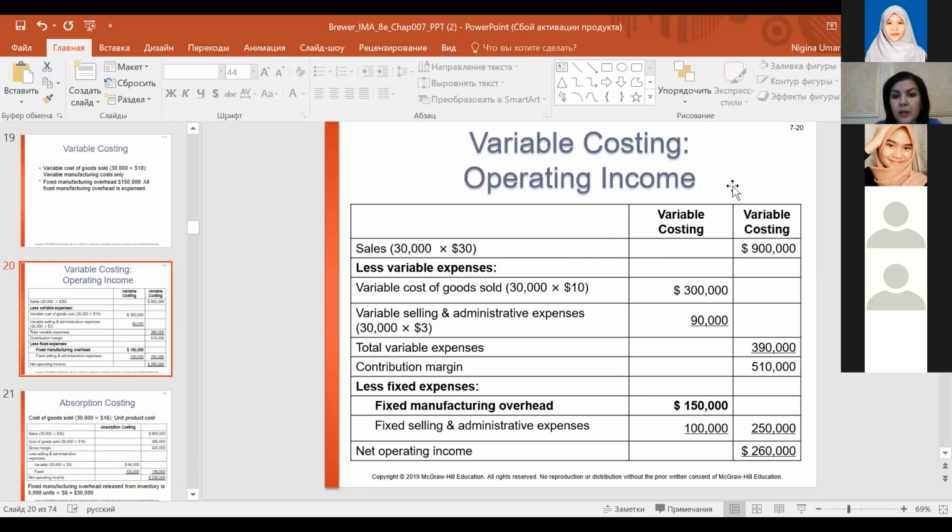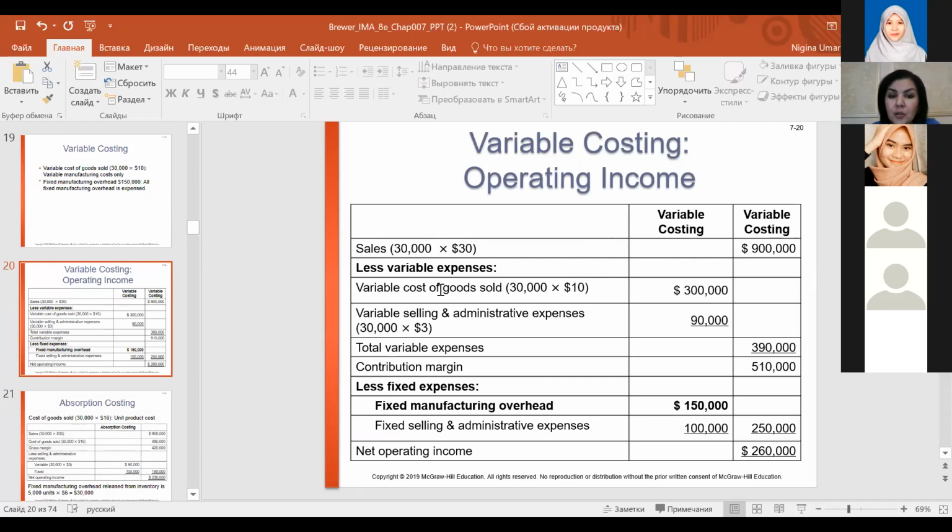Okay, let's look at operating income. Sales, 30,000 units sold at $30 each. So we multiply, what is the sales revenue? $900,000. Then in variable costing, we subtract all variable costs.